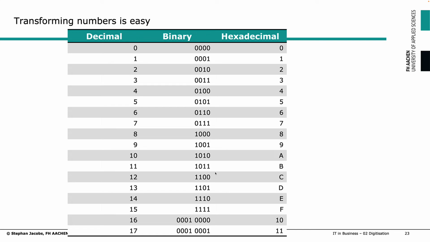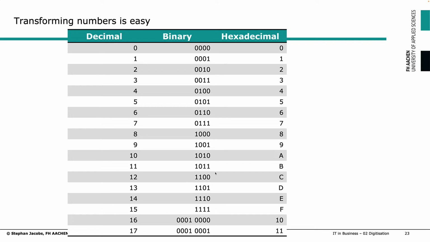So F is this 1, 1, 1, 1. E is 3 times a 1, then a 0. And if you have this hexadecimal 10, again we have this 0001 in binary followed by 4 zeros.